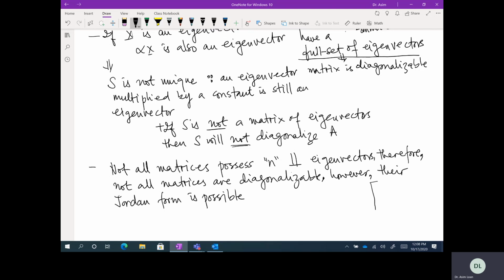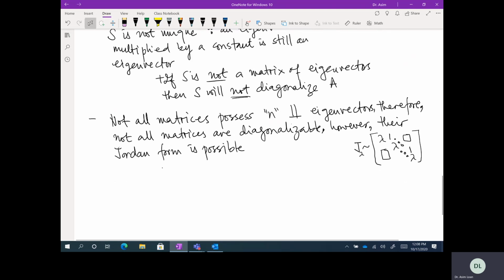So the Jordan form in the worst case is like this. You have lambdas on the diagonal, so these are the repeated values. It's the repeated eigenvalues that are a problem. The distinct eigenvalues are not a problem. So you have lambdas here, and then on top of the main diagonal you have ones, and the others are zero. This is the Jordan form corresponding to some lambda.